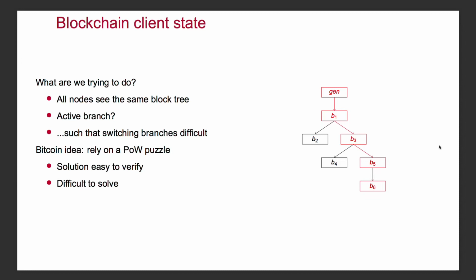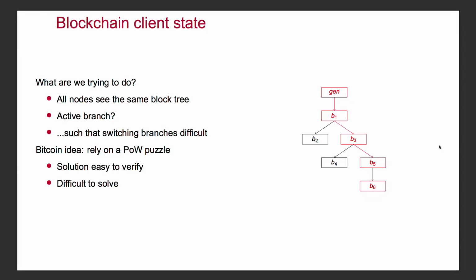So proof of work is just a puzzle that's easy to verify but difficult to solve. We can use a hash function to create a proof of work puzzle. For example, we can require an input to the hash function to be found such that the output has some number of zeros.